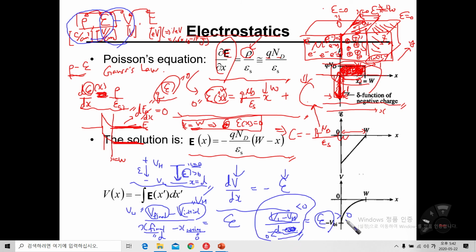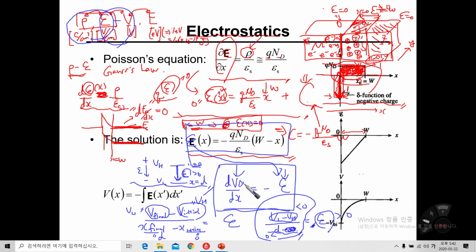That doesn't make sense. So to make it mathematically valid, we need one more thing, that is a minus sign on the right-hand side. So we got this equation: dV/dx is equal to minus the electric field, minus E. From the equation above, you can plug in the electric field here.